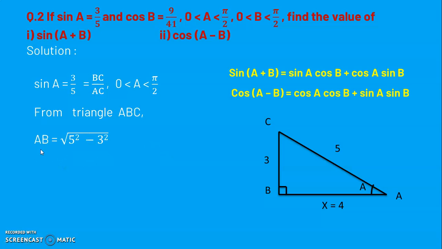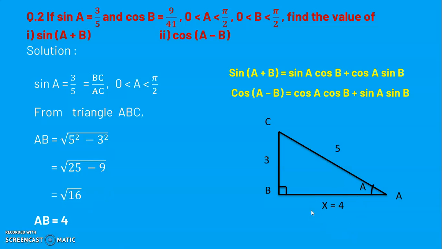So AB is equal to the square root of 5 square minus 3 square, since the hypotenuse is 5 and the opposite is 3. That is the square root of 25 minus 9, which is the square root of 16. Therefore, AB is 4.